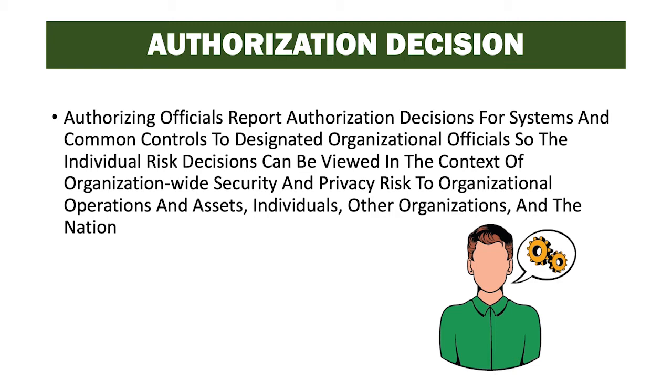So once the authorizing official makes their decision on whether to authorize the system or deny authorization, that information is sent to organizational officials. It's dependent on your organization who those officials are, but they should be the people that are keeping track of the risk for the entire organization, as well as people that are monitoring and keeping track of the organizational enterprise networks and systems, at a minimum, I would think.